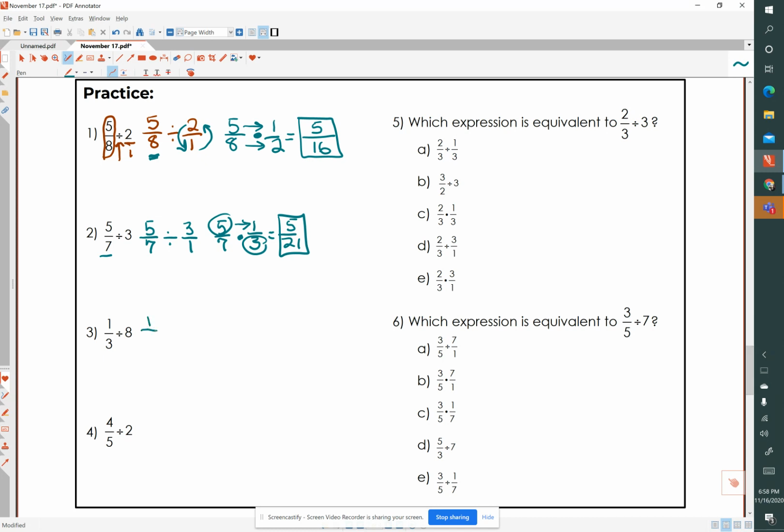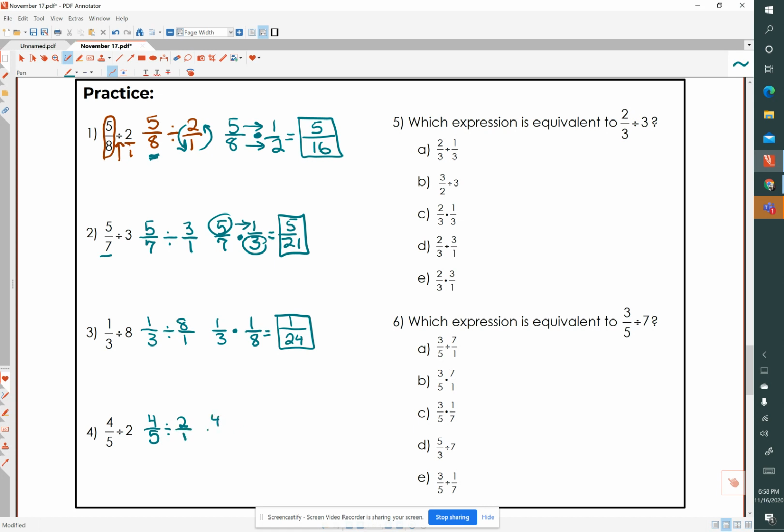So we've got 1/3 divided by 8/1, which we will rewrite as 1/3 times 1/8, which will, when we multiply straight across, 1 times 1 is 1, 8 times 3 is 24. Number 4, 4/5 divided by 2, which we put over 1.